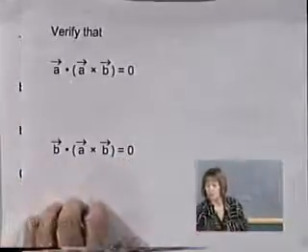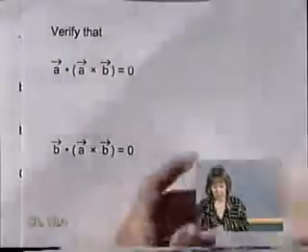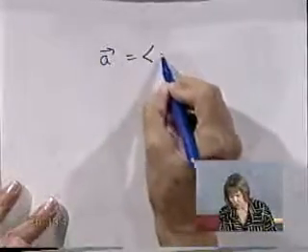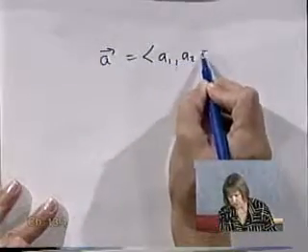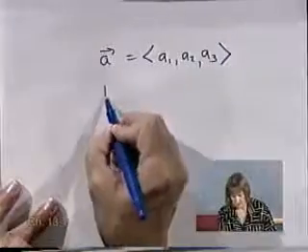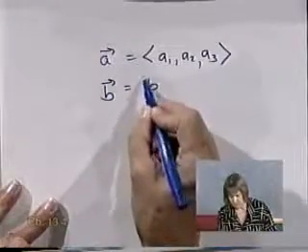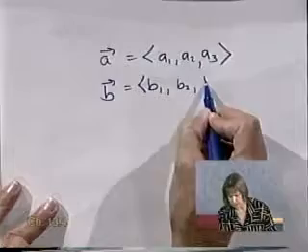Do you remember when we did the dot product? You had two ways of doing it. One way was, we had A equal to the vector A1, A2, A3, and B was the vector B1, B2, B3.